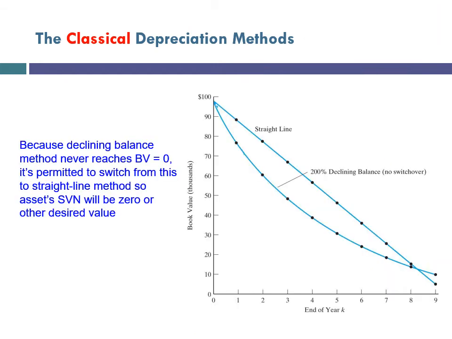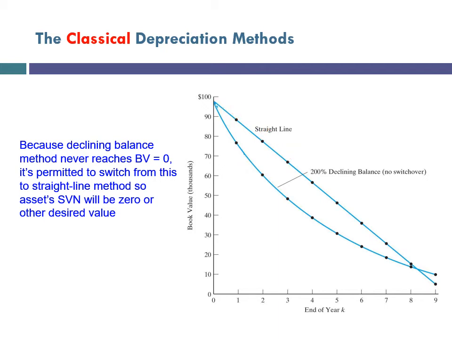Okay, so in the straight line method, we said that from this initial cost basis to the final salvage value at the end, there is a straight line. It means that the depreciation in year 1 is equal to the depreciation in the second year, and equal to the depreciation in all other years.